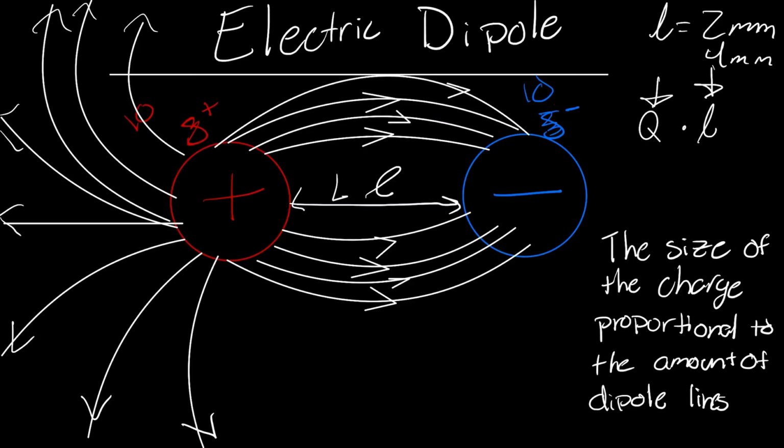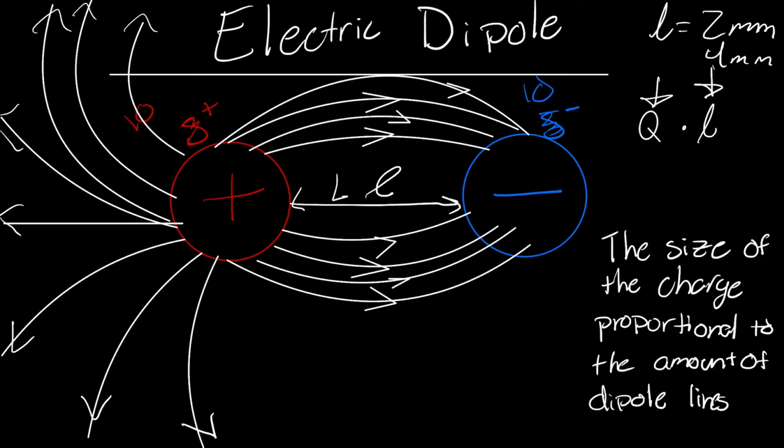These are some of the most important aspects, both the length and the size of the charge, and they are the dipole moment once combined, which is once again the product of the charge, Q, and the distance, which we can represent as L or D or whatever you prefer.